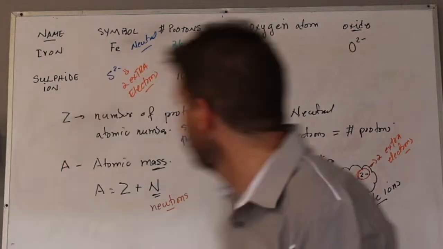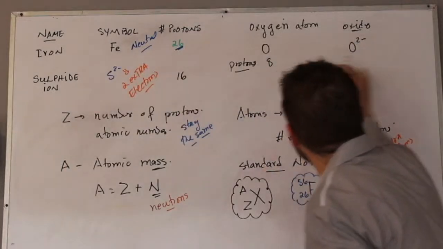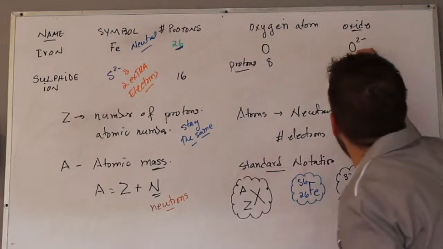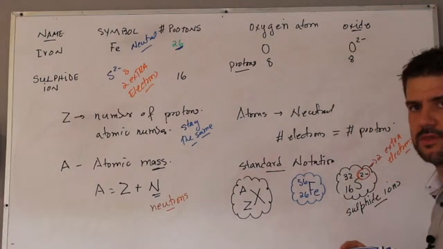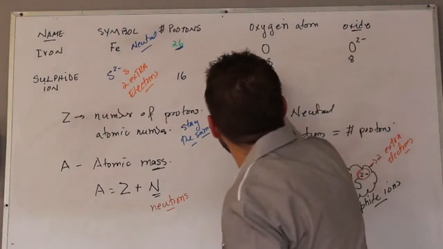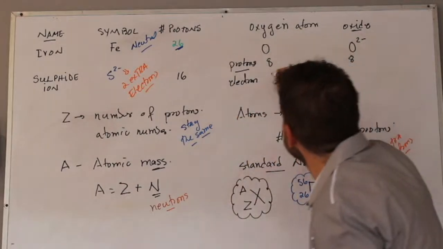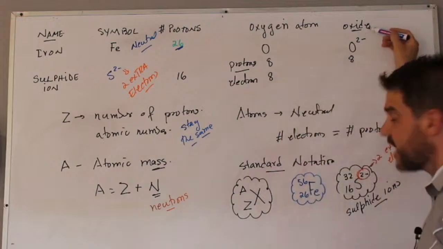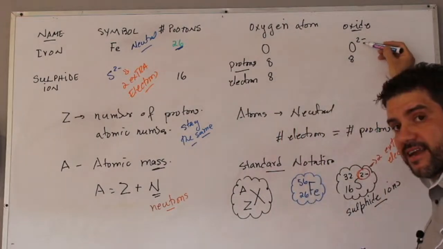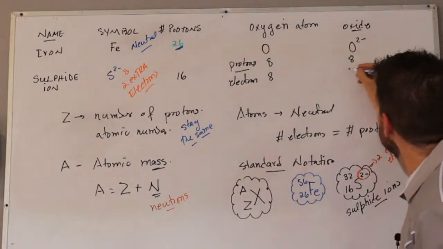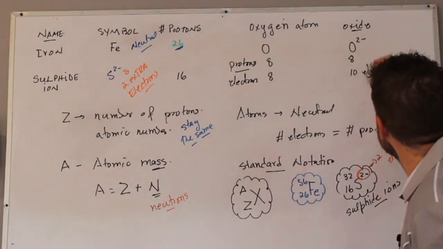It is 8 protons. Oxide also has 8 protons. Electrons: the oxygen atom, which is neutral, has 8. But oxide has 2 extra electrons. So it will have 10 electrons.